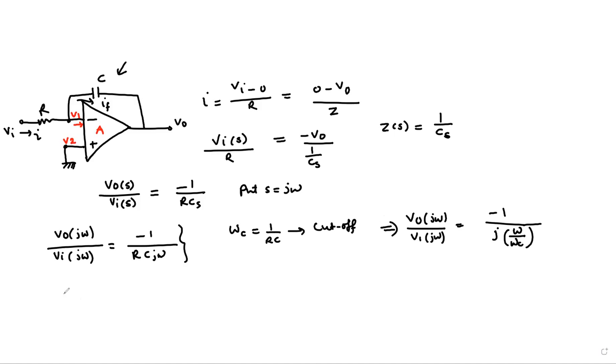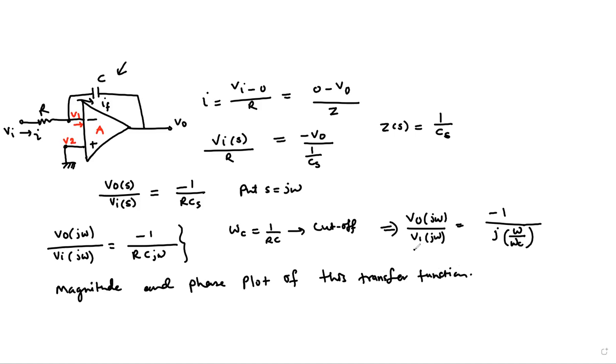And now we are trying to obtain the magnitude and the phase plot of this transfer function. So this is the transfer function which is given by this final expression. We see that the magnitude can be written as: in the numerator we have -1, so the imaginary part is 0.